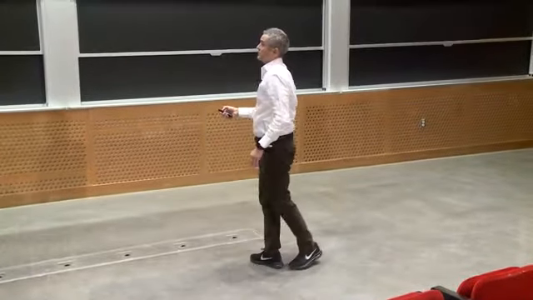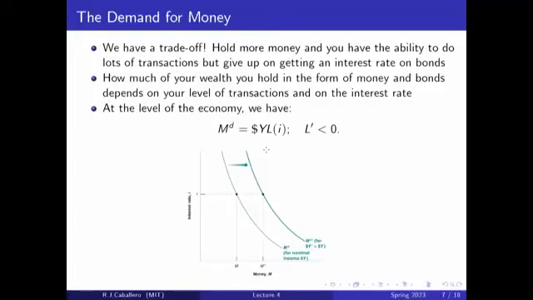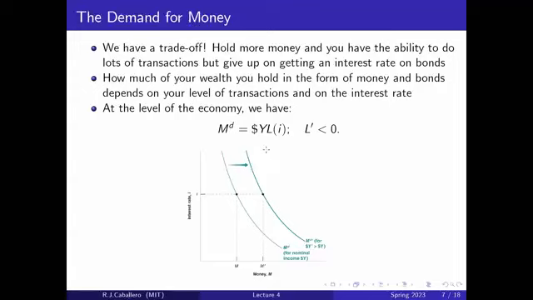What I'm saying is interest rates were around here, so you were all in cash one way or the other, and now interest rates are a lot higher. That's a movement along the curve. No? I'm plotting something in the space of money and interest rate. Then when I tell you what happens when the interest rate rises, I'm asking you for a movement along the curve, okay? So if I raise interest rate, I move along the curve up.